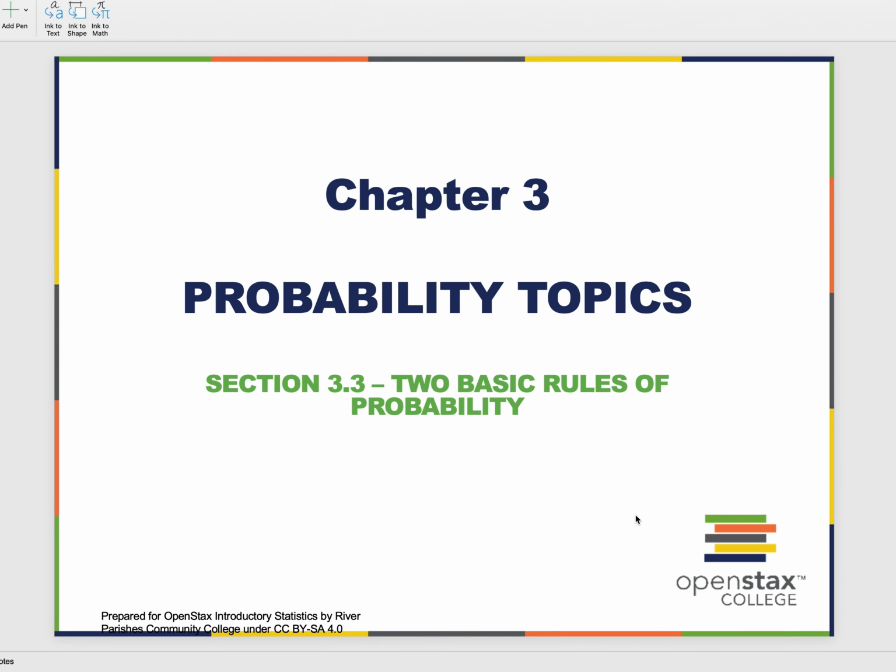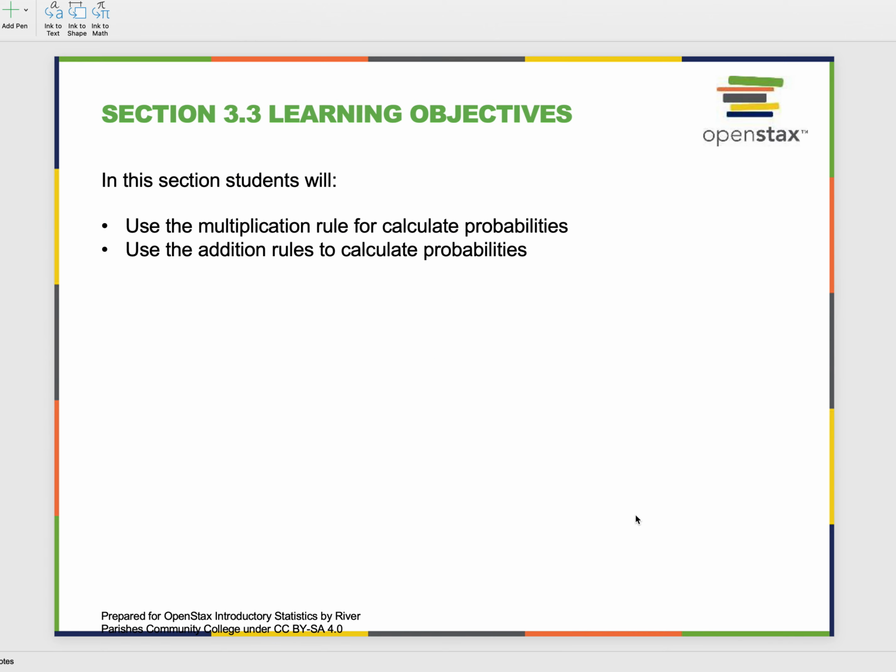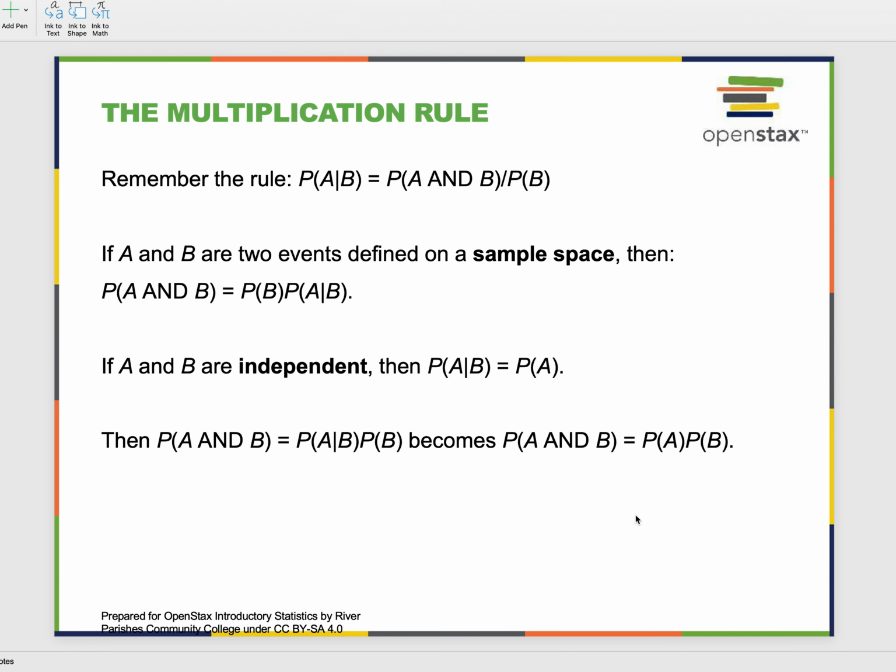Okay, probability topics. 2 basic rules of probability. We're on slide 24 of 46. So we're going to use the multiplication rule.